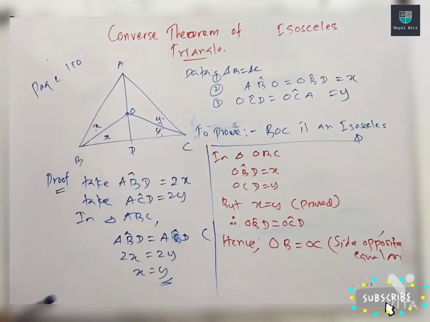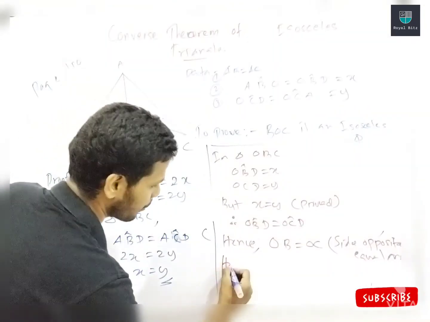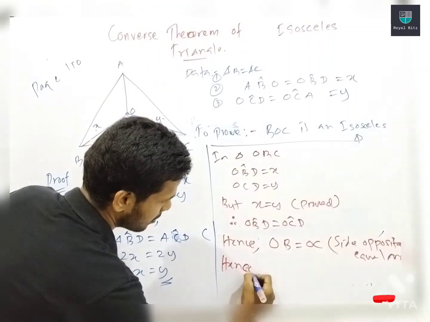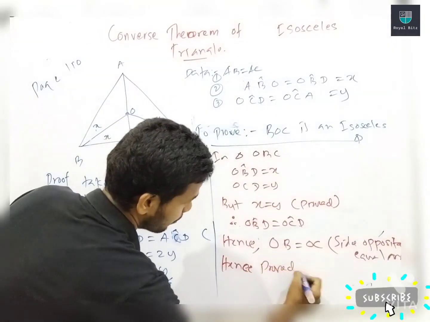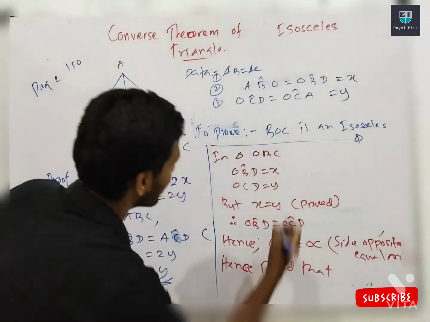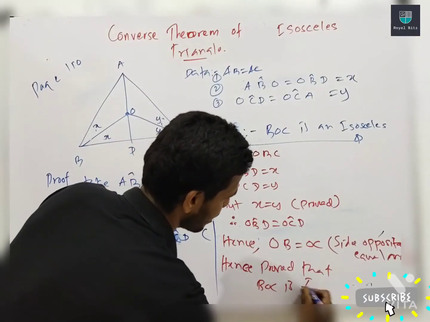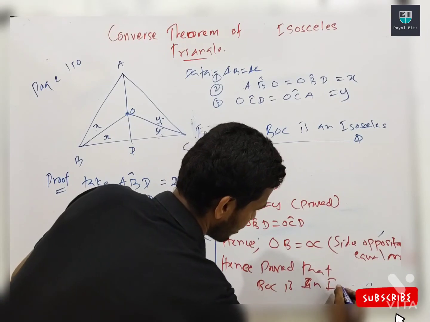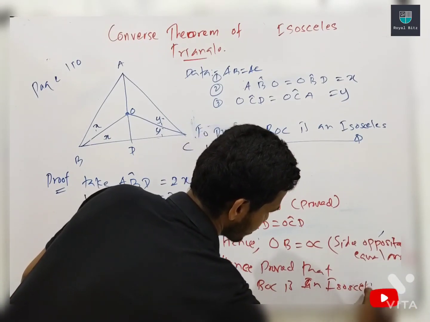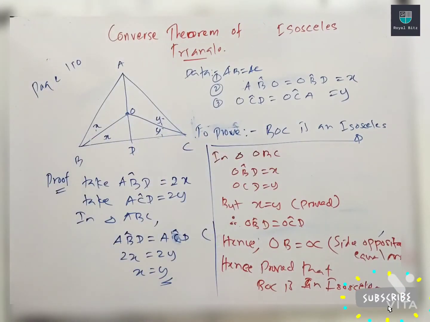So hence proved that BOC is an isosceles triangle. Good idea. This idea continue. Okay.